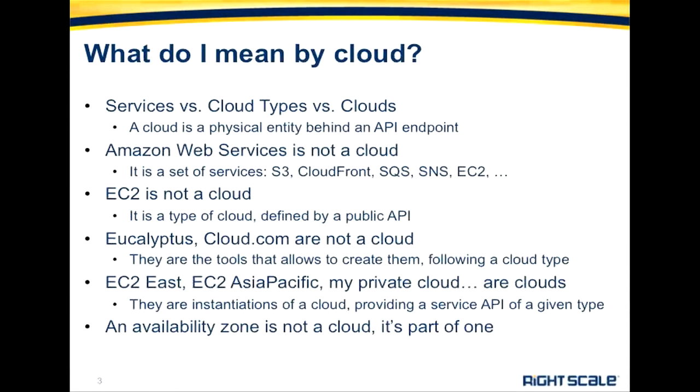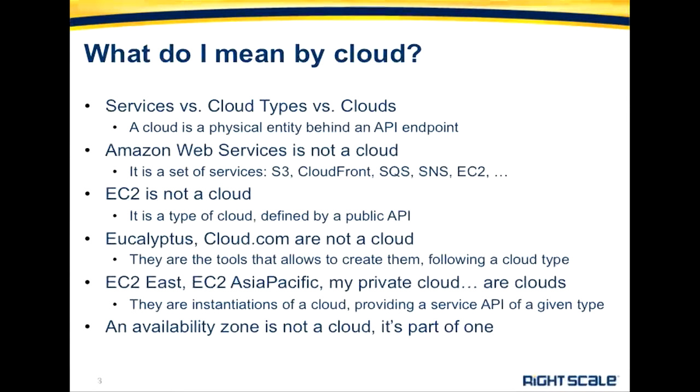So, what do we mean by cloud? Well, I'm not talking about services like App Engine. I'm talking about something that exists somewhere physically that you can access through an endpoint. Usually you talk to an API endpoint, and you're doing things in the cloud. It's important to note that Amazon Web Services is not a cloud. It's a collection of services. EC2 is one of these services, but EC2 itself is not a cloud.